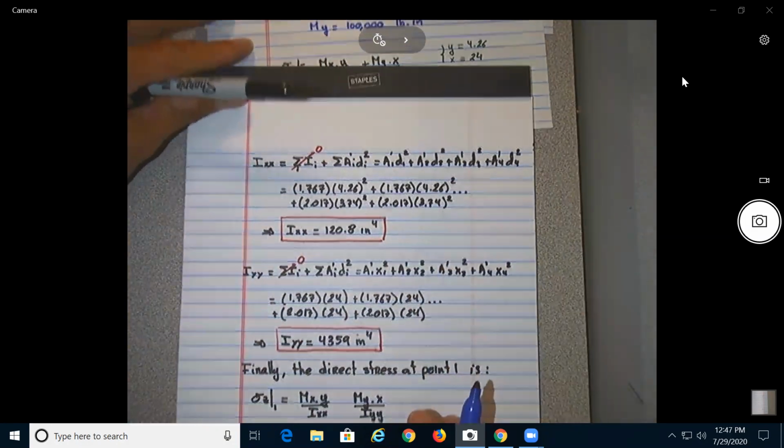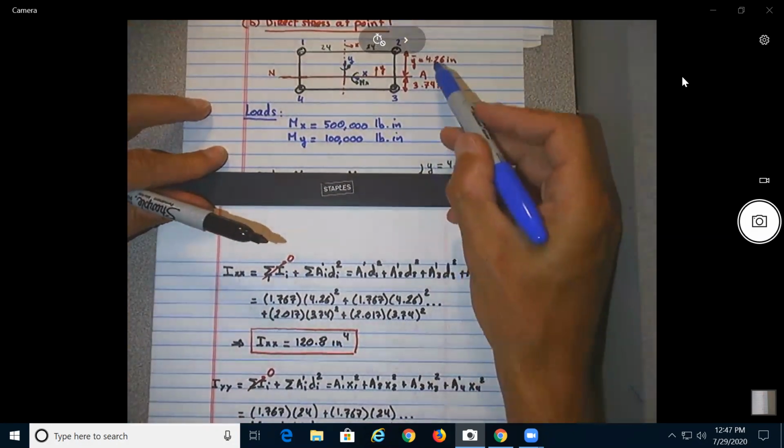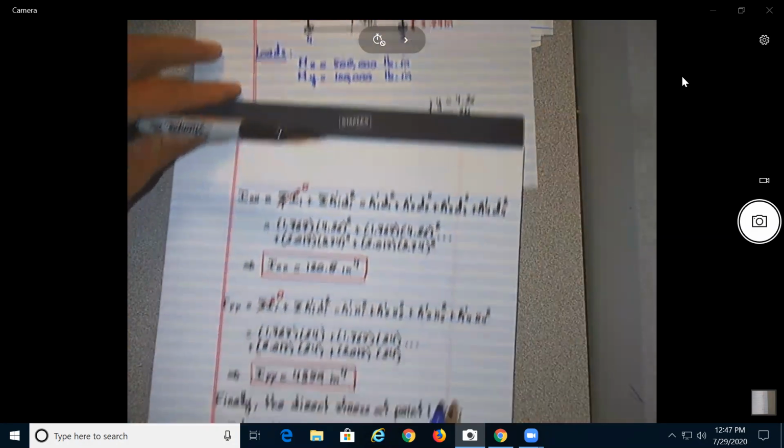What is y at that location? For 1 is 4.26.